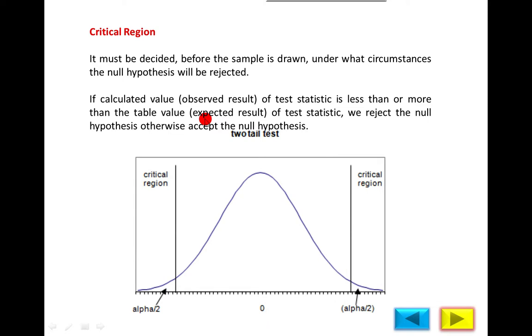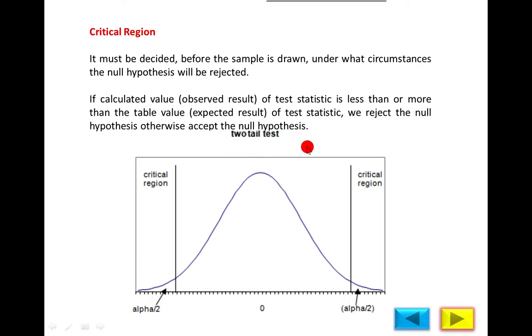The table is given in your Walpole book, at page number 481. In this table, different values of the level of significance alpha, degrees of freedom, and values are given.